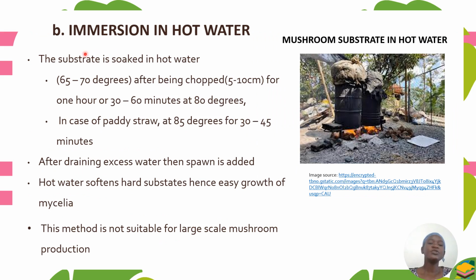Apart from that, we can use what we call immersion in hot water. The substrate is soaked in hot water. The hot water can range between 65 to 70 degrees Celsius. After they have been chopped to between 5 to 10 centimeters, you can put them in hot water.